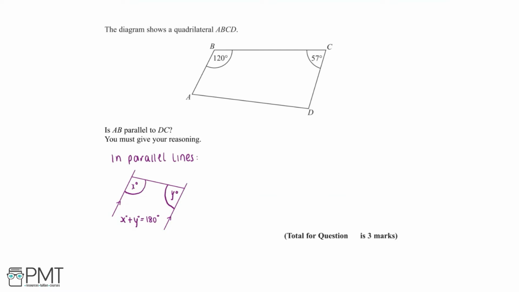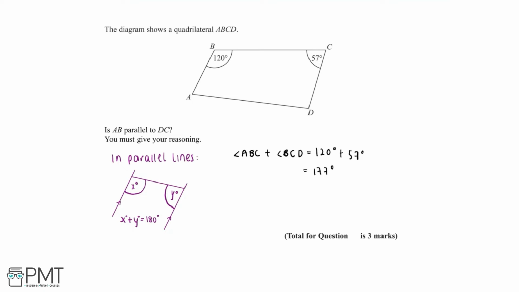So looking at our quadrilateral above, if AB is parallel to DC, angle ABC plus angle BCD would add up to 180 degrees. So let's find out if that's true. Angle ABC plus angle BCD is equal to 120 degrees plus 57 degrees, which is equal to 177 degrees.